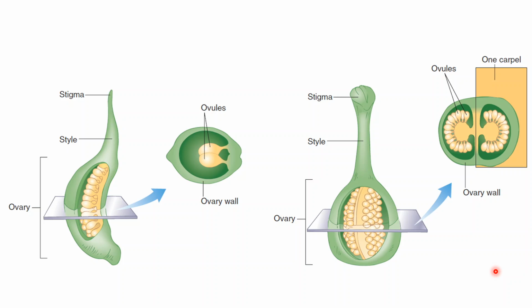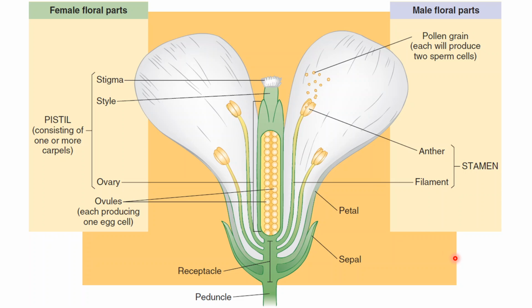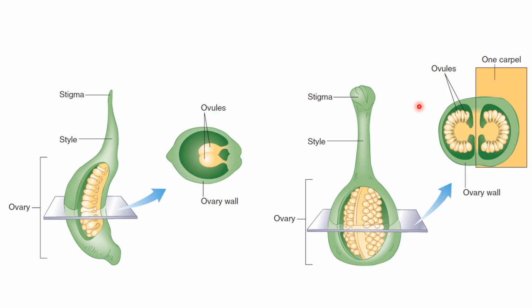In fertilization, the two gametes, male and female, will come together to form a zygote, that is a fertilized egg, and they may be from the same plant or from two different plants.